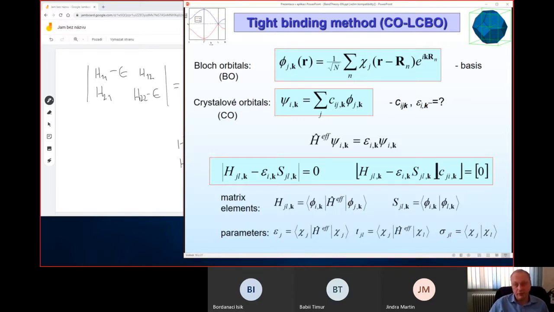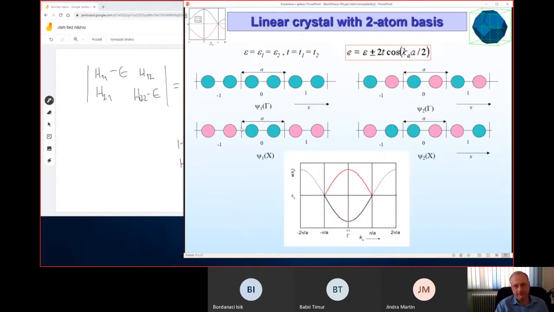So the computer algebra systems are able to solve this eigenvalue problem for you. And I will show it later on an example of two Bloch orbitals which are combined to form the crystal orbitals.